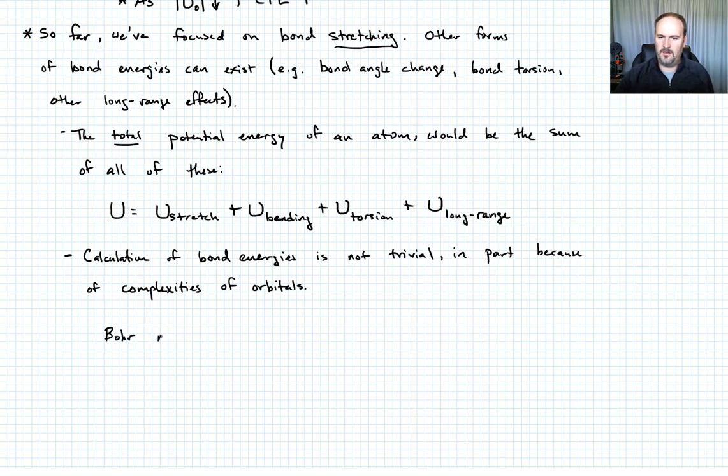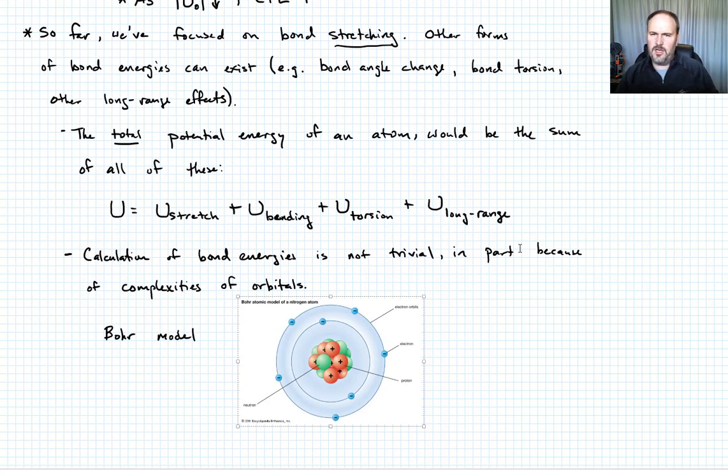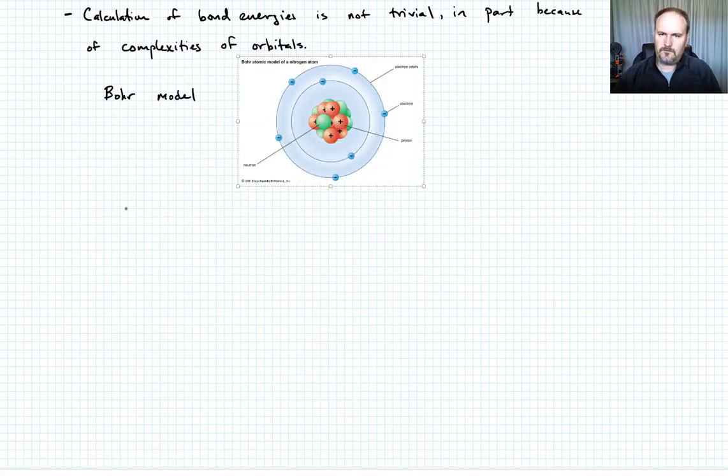Here's the Bohr model. You're used to thinking of atoms, I think, in terms of this Bohr model, where you have some nucleus here at the center, surrounded by these nice concentric rings of electron shells that you learned in your chemistry class. But in the real world, that's not how bond orbitals or electron orbitals look. So here is the real case.